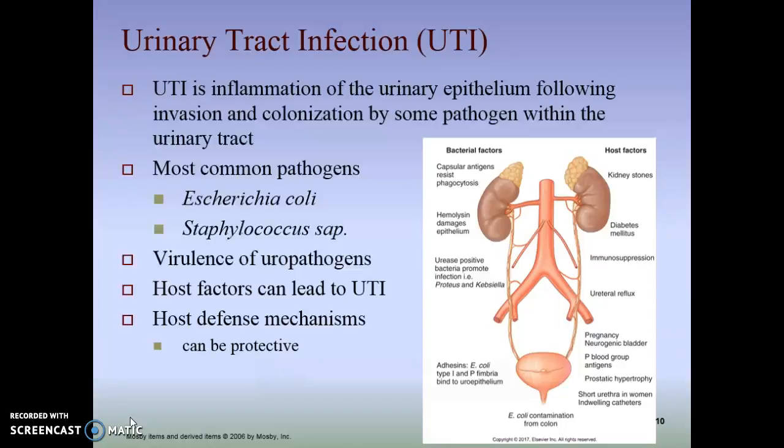So the most common pathogens are E. coli and Staphylococcus saprophyticus, even though E. coli is going to be the number one causative agent. And doctors are actually going to assume that if you go to the doctor's office and you present with a urinary tract infection, they will give you medication to treat E. coli while lab tests are being run to determine what's actually causing it.